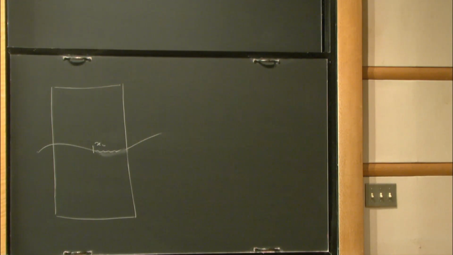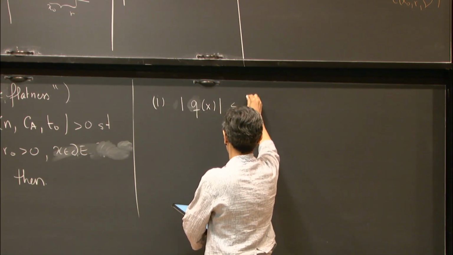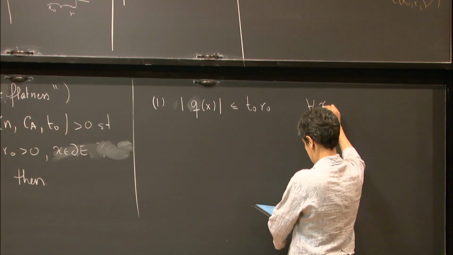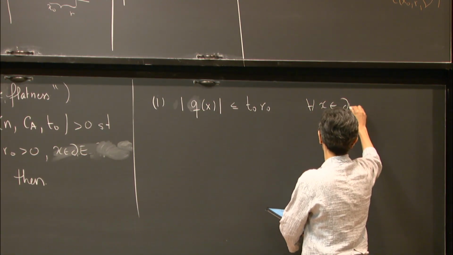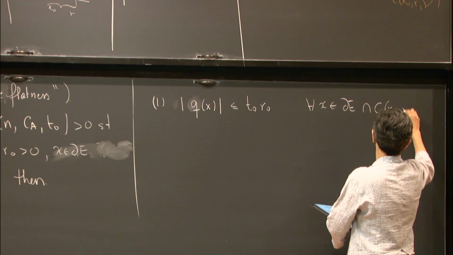Part 1. Q of x, which means simply xn, is less than T0 R0 for every x that belongs to the boundary intersection the cylinder.